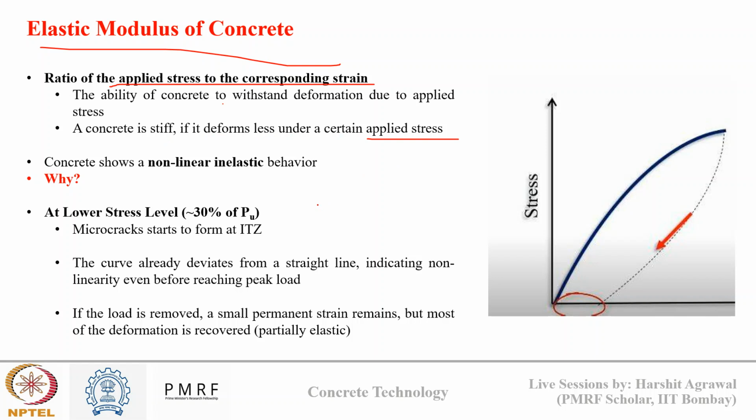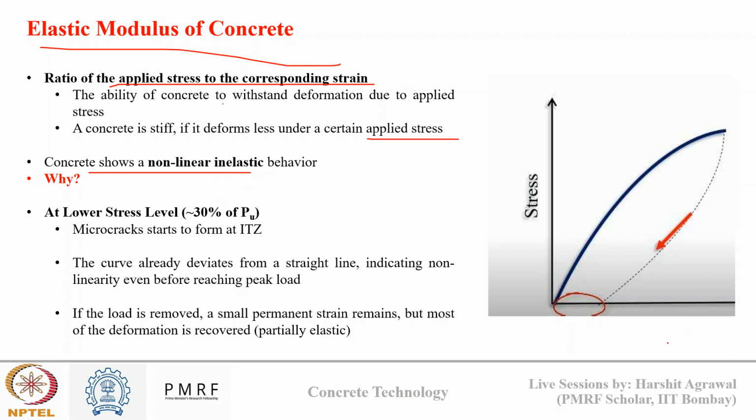Now it is observed that concrete shows a non-linear inelastic behavior when it is subjected to any load. First of all, what does this non-linear inelastic behavior mean? Non-linear behavior means that strain is not linearly increasing with stress.